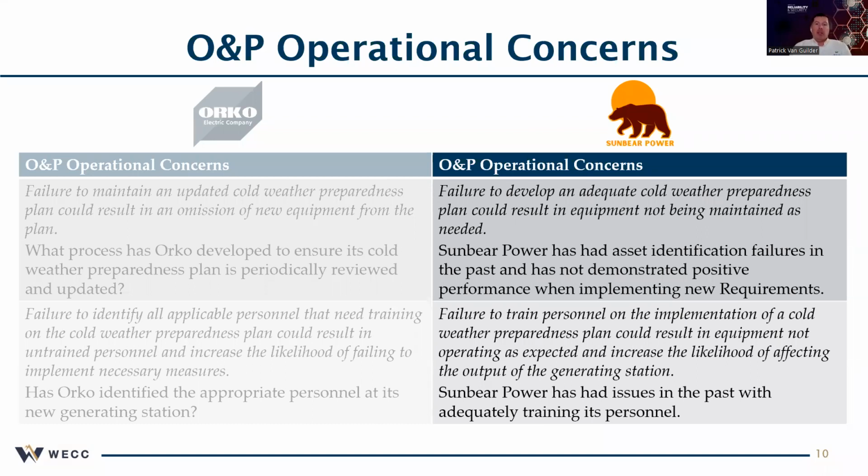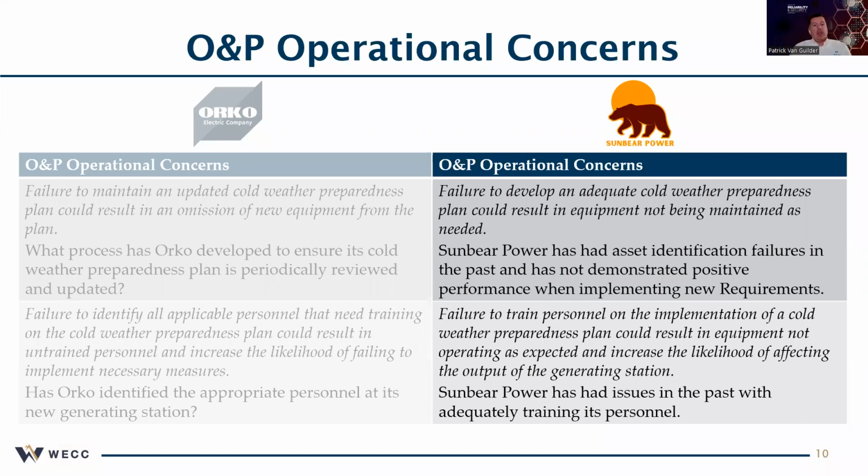Maybe we have seen COM2 training that was inadequate, or PER 6 training that was inadequate or insufficient, or indicated there was a training concern there. So we want to look at Sunbear just in case there's a cold weather event and their output is needed to help provide BES reliability.